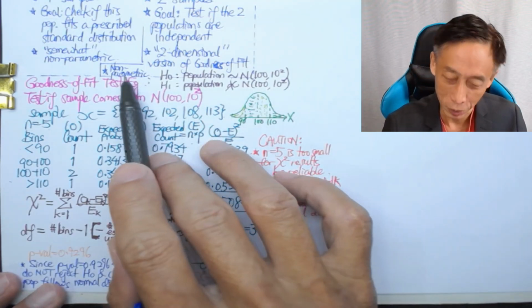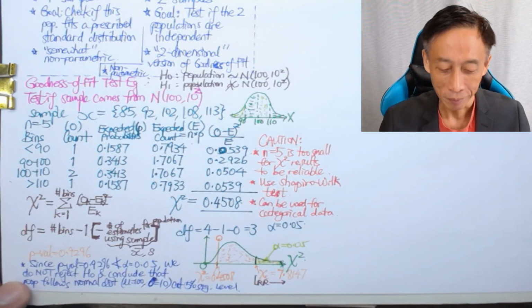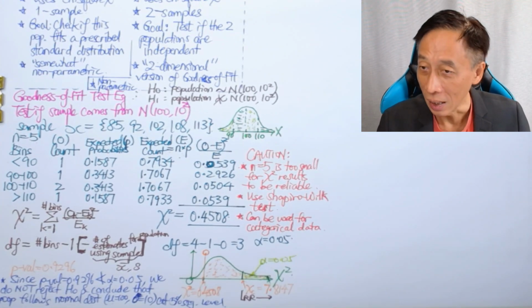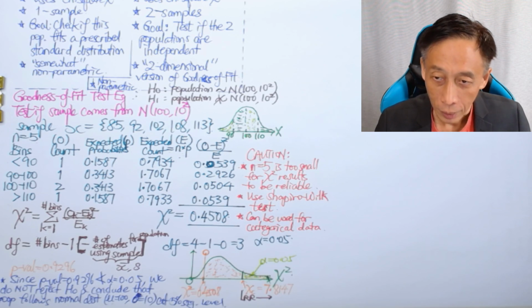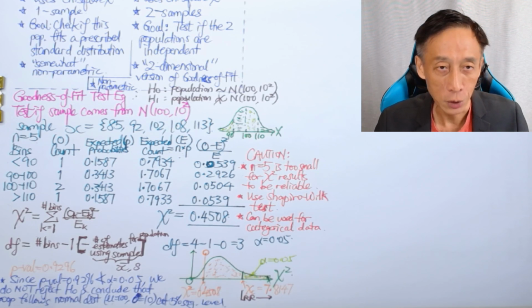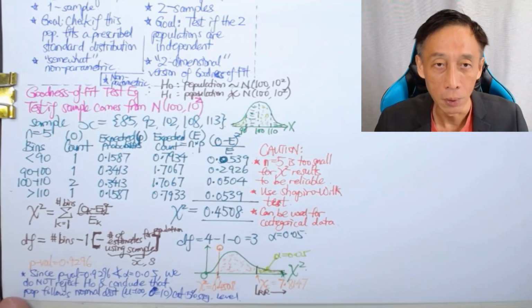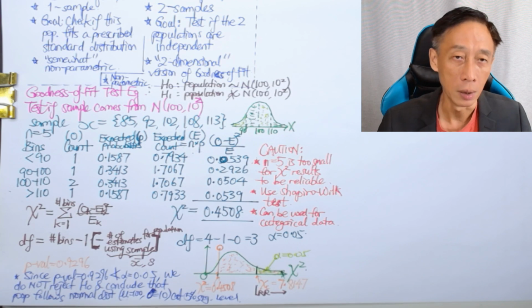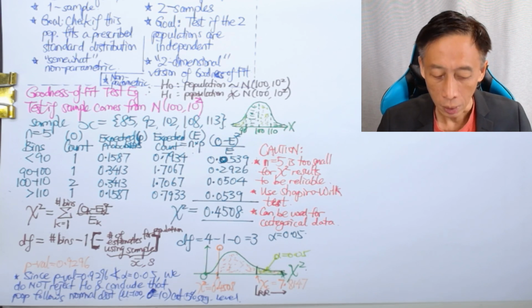That's why it will always be non-parametric, in case you're curious. All right, so that concludes our illustration of the example on the goodness of fit test, and some of the areas to watch out for, the peculiarities and caution areas. And that's about it.